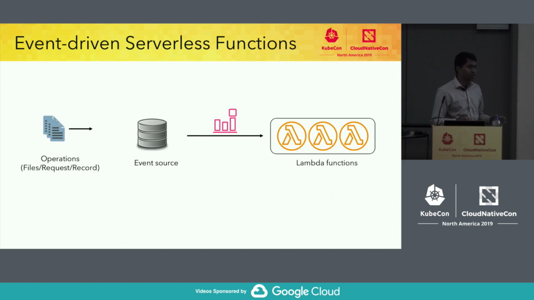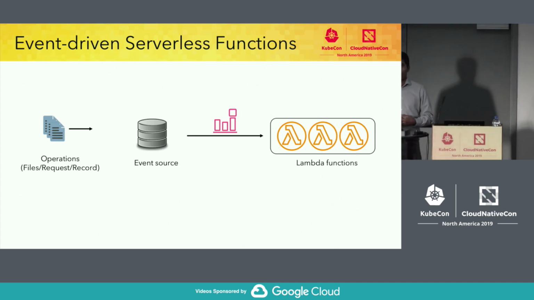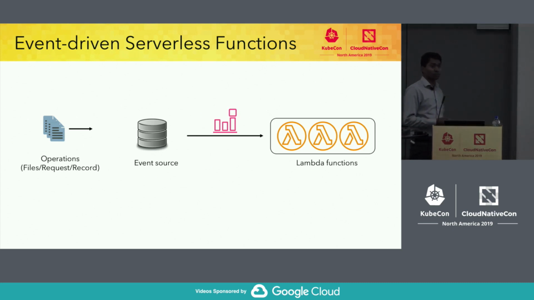There are many ways you can run serverless functions, and different models of running them. The default, very common model is called event-driven serverless functions. The idea is that these Lambda functions will subscribe to some resources and wait for events to get triggered. As soon as events are triggered, they get context for those events, along with the necessary information to process them.